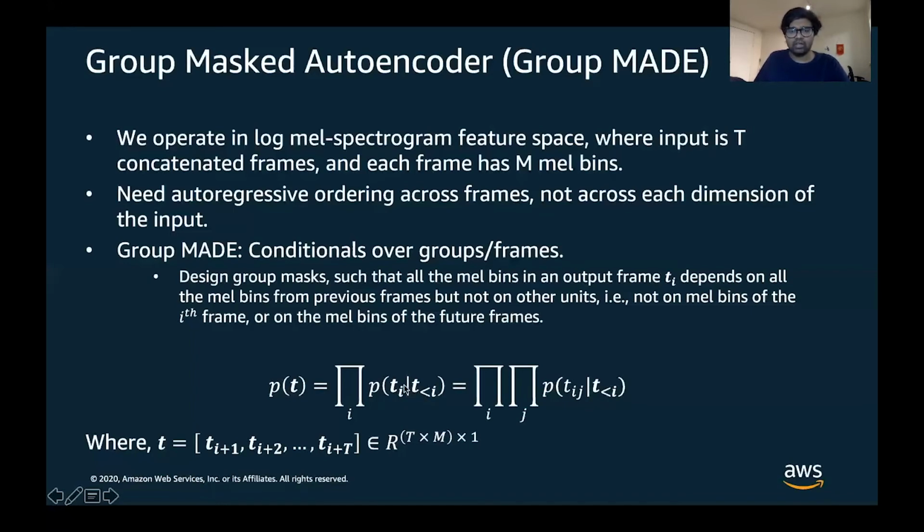So all the mel bins in my ith frame depend on all the mel bins of all the frames that have come before, but not any of the mel bins in the ith frame or after that. The difference between this and MADE is that we are decomposing in a group structure. In MADE, you have x_i as one scalar unit, but now x_i is a group. That's why we call it group MADE.